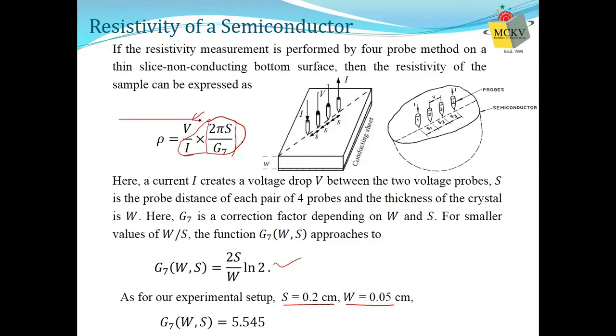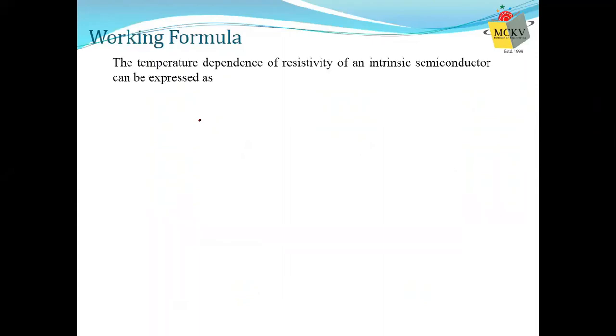Actually, the voltage depends on the temperature of the material. So if we can change the temperature, then the voltage will change. In other words, the resistivity depends on the temperature, and the temperature dependent form of resistivity can be expressed by this: rho equals rho naught e to the power Eg by 2kT, where Eg is the band gap that we need to estimate.